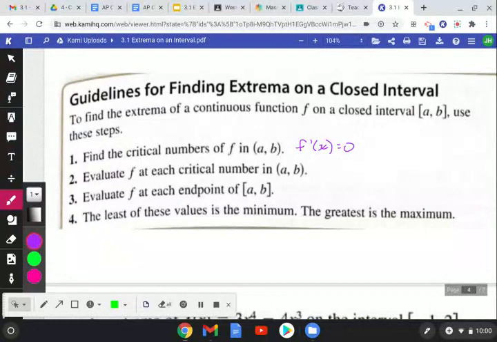And also a critical number is where f prime does not exist. So if it's not differentiable at a certain place, okay? And then also your endpoints are going to be critical numbers.